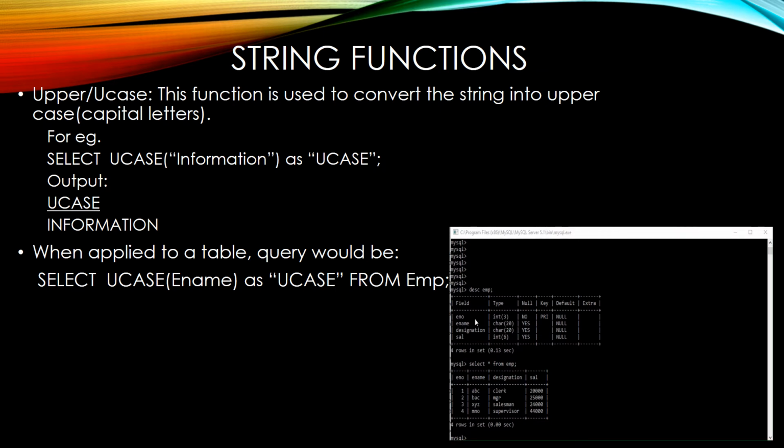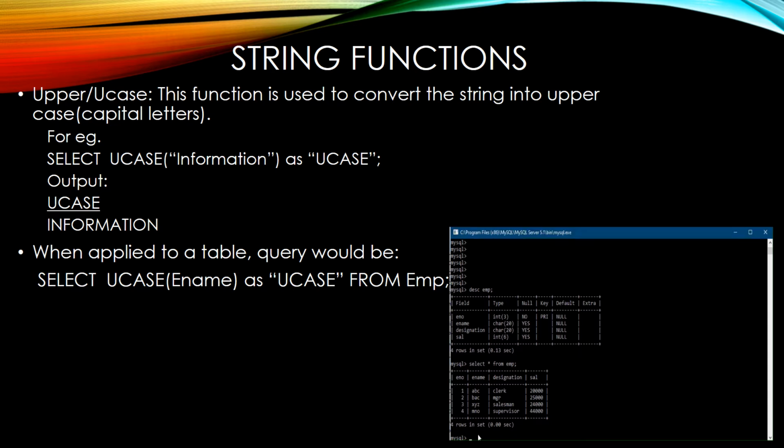As you can see on the MySQL screen that there is a table with the name EMP. It has four fields: ENO, ename, designation and cell. Four records exist in the table. Now what I want is to convert all the names in the ename field to uppercase, that is capital letters, using the ucase function.